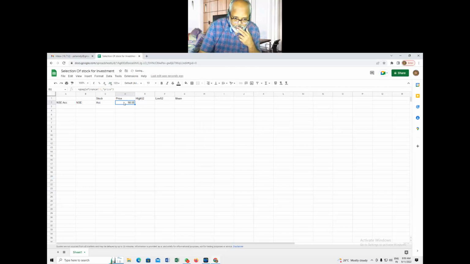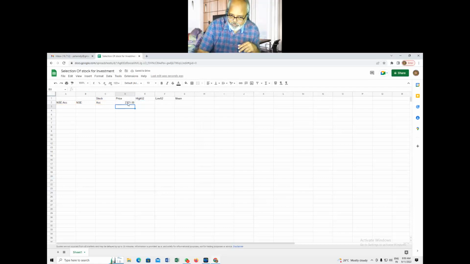Here the problem is that I selected C2, that is, I selected ACC. That is why I am not getting a correct price. Instead, I should select the A column. It will give me the current price.